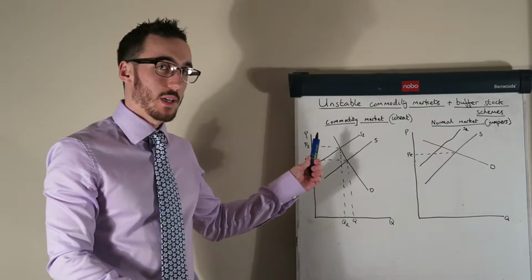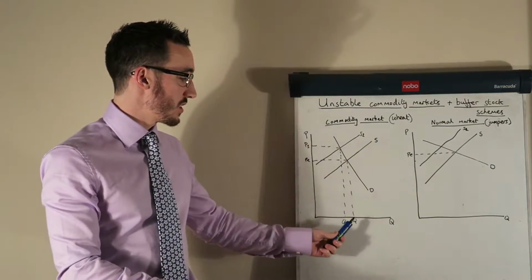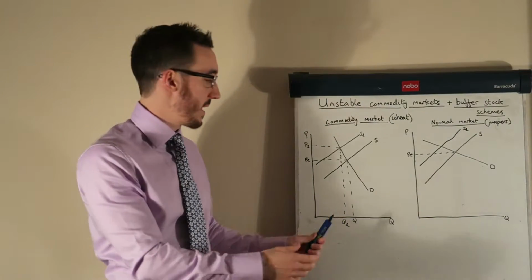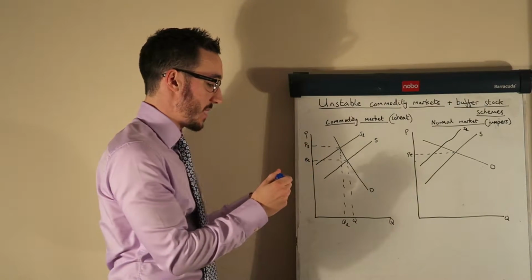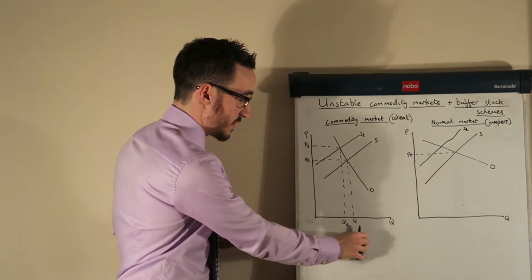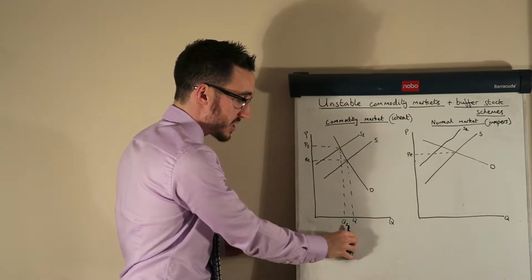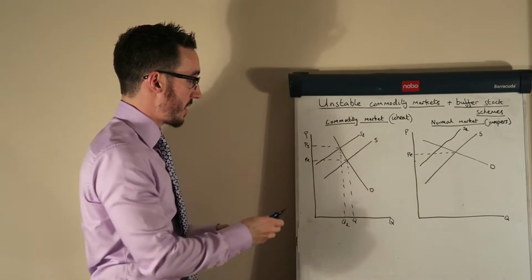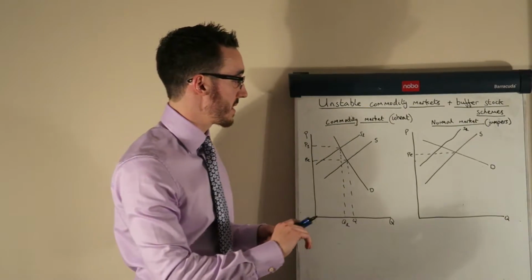So in commodity markets, when the supply changes, when the quantity changes a small amount, the price changes by quite a large amount here. So there's been a shift to the left of quantity, there's been a decrease in quantity and a much larger, therefore, increase in price because of the inelastic demand curve that we see here.